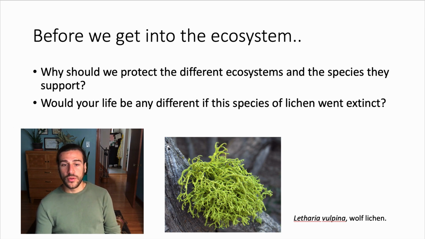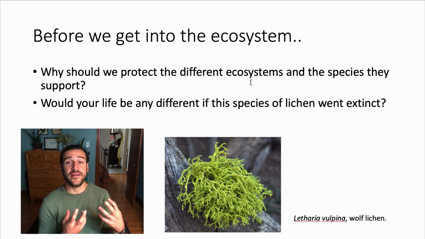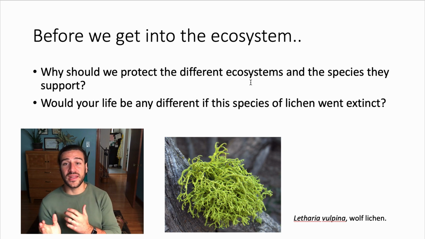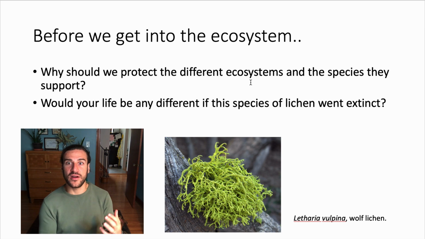So I have this lichen here, and this is a great example of conservation in the present age. So many of the times, these charismatic species get so much more funding than species that are just as endangered that aren't as charismatic, like this lichen, right?